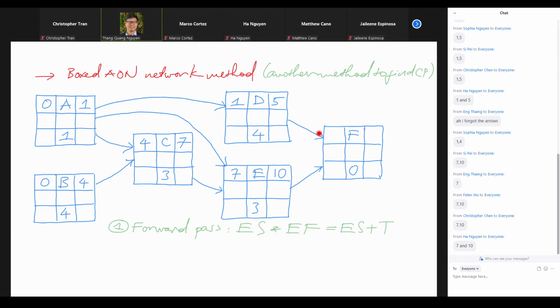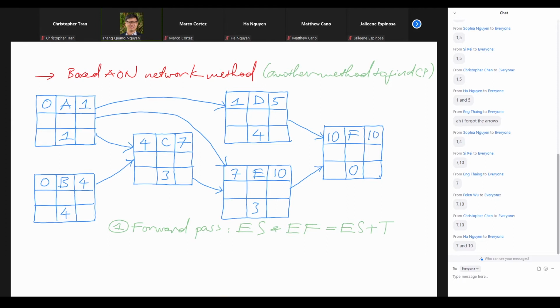So it means that we have to finish D and E both before F. In other words, when we finish D at 5 p.m., we finish E at 10 p.m., then we have to wait until 10 p.m. to start F, right? So we start F at the end of the 10th week. And it takes 0 weeks. So we add 0, then we're at 10.